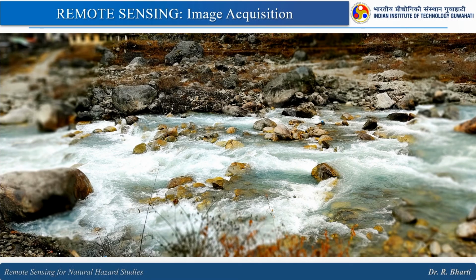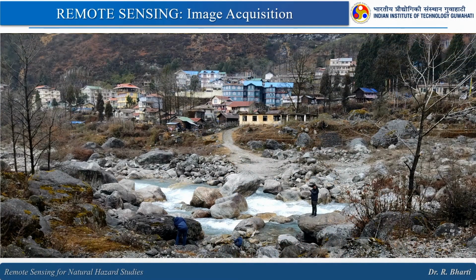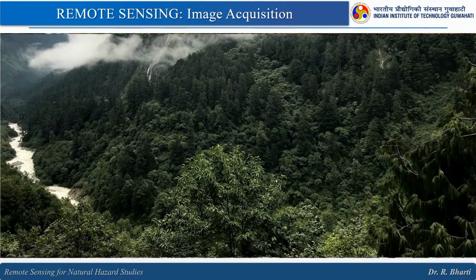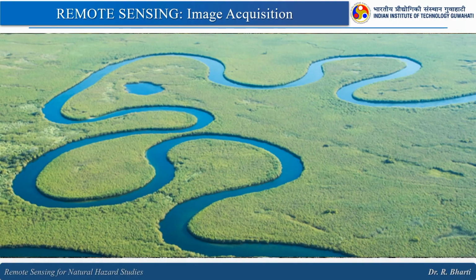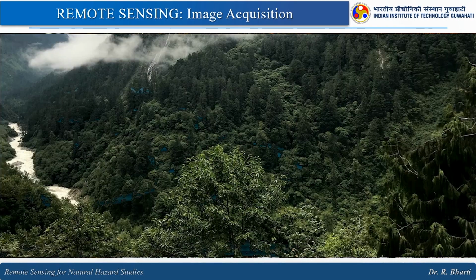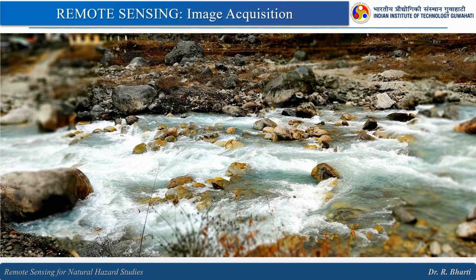So this kind of images we generate. This image is again taken by the mobile camera or the DSLR. Here this is also a DSLR and this image is also from a DSLR. Now, can we generate this kind of information with our normal mobile phone or the DSLR or any other camera? So what is the difference between all these images?